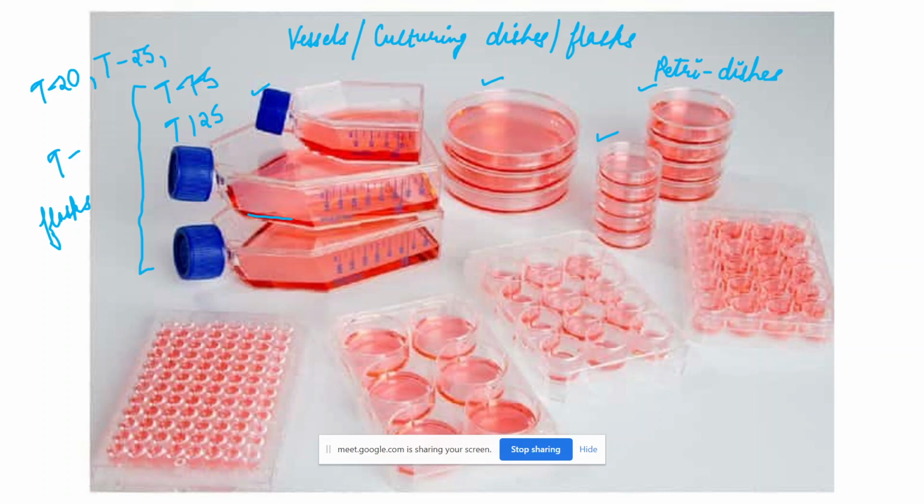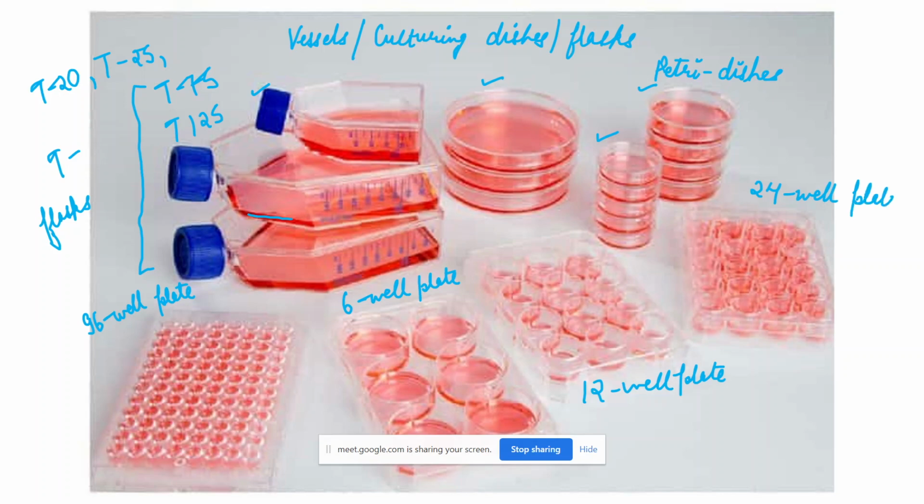So this is a classic 96 well plate. This is a 6 well plate. This is a 12 well plate, and this will be a 24 well plate.